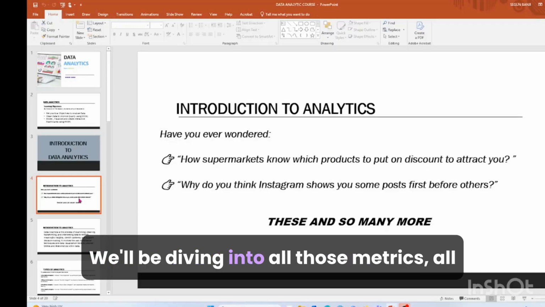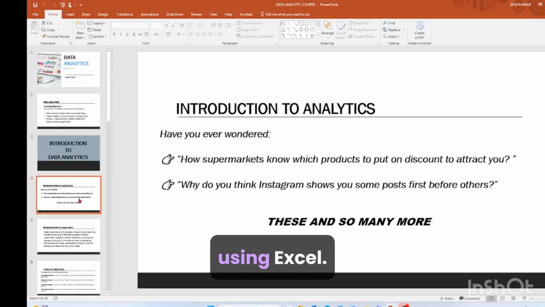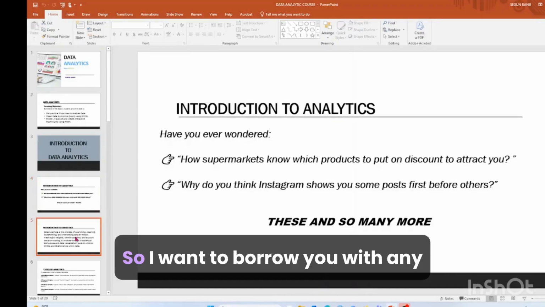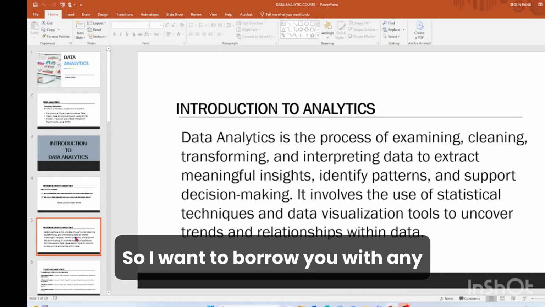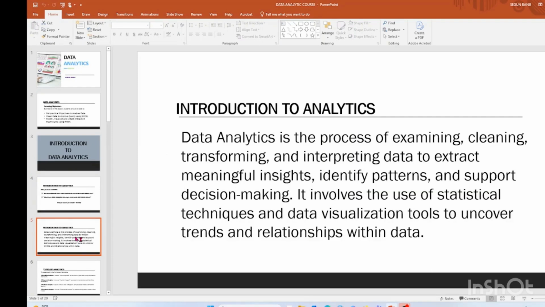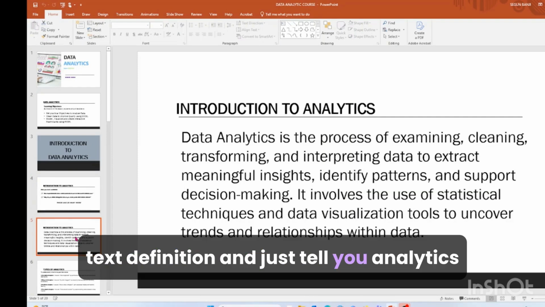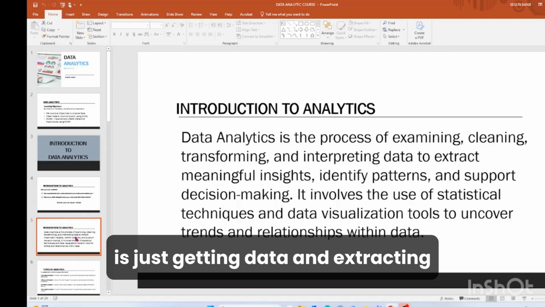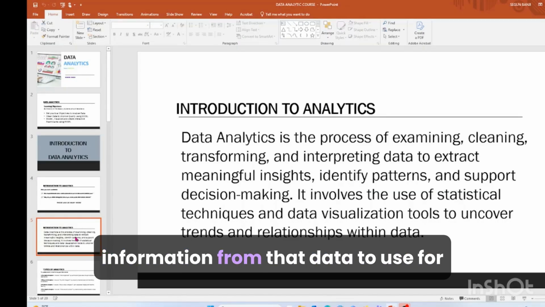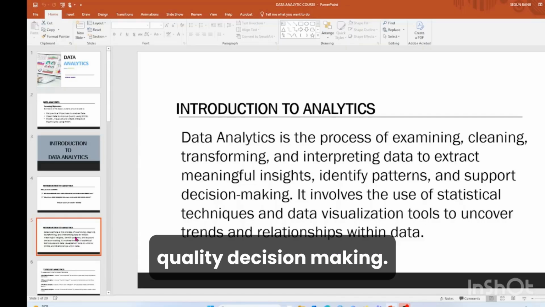We'll be diving into all those metrics, all those analytics using Excel. So I won't bore you with any textbook definition. Analytics is just getting data and extracting information from that data to use for quality decision making.